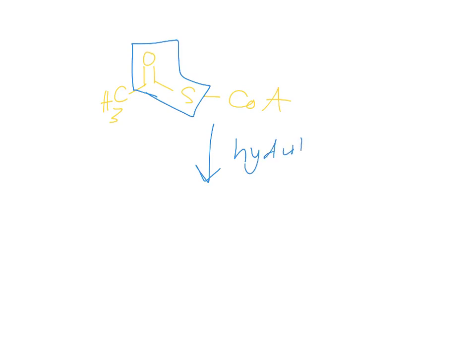Okay, so the thioester bond, just put CoA on here. The thioester bond is this one, and hydrolysis of it yields about a delta G that's about negative 31 kilojoules per mole.